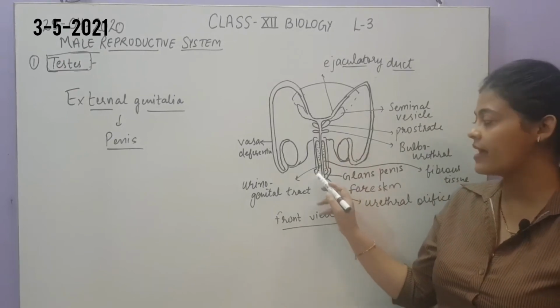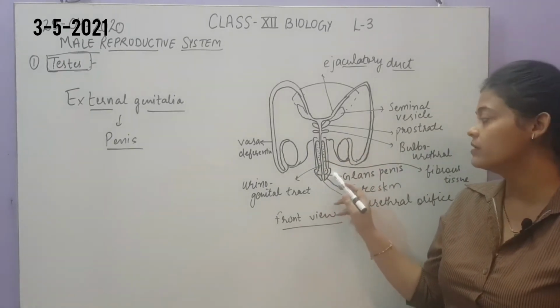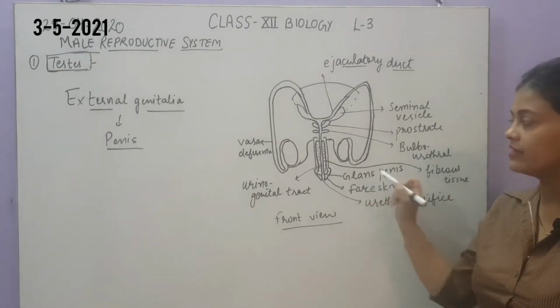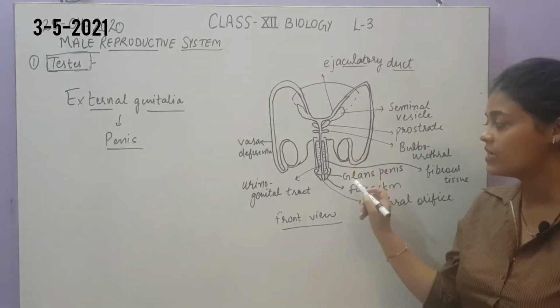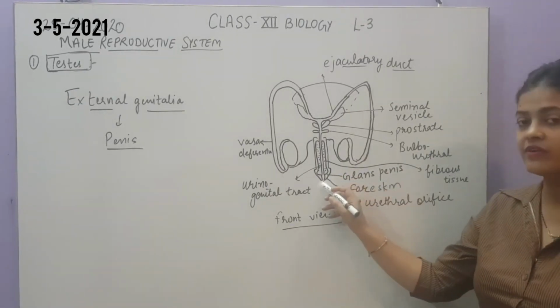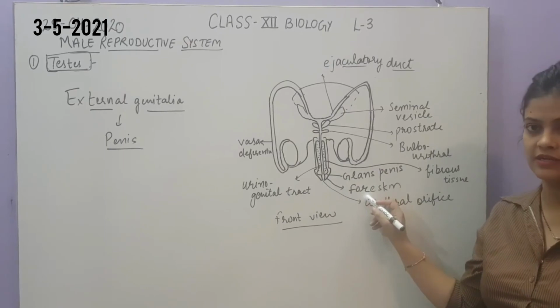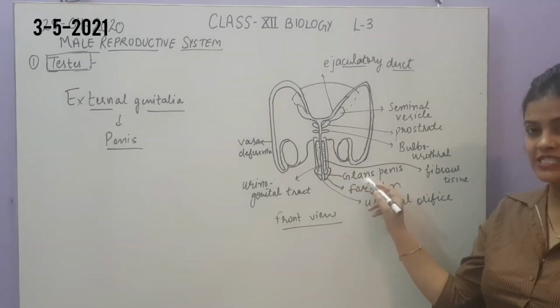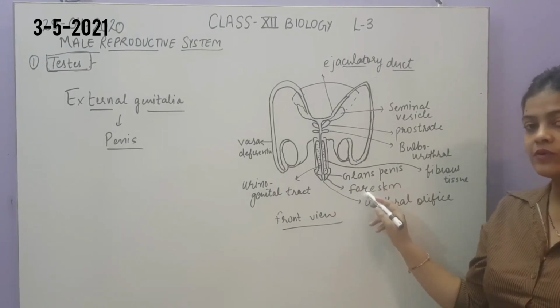The penis is a tubular structure, but at the tip it has extended skin, which is called glans penis, which is covered with a loose skin called foreskin. So the end part of the penis is called glans penis, and the skin by which it is covered is called foreskin.